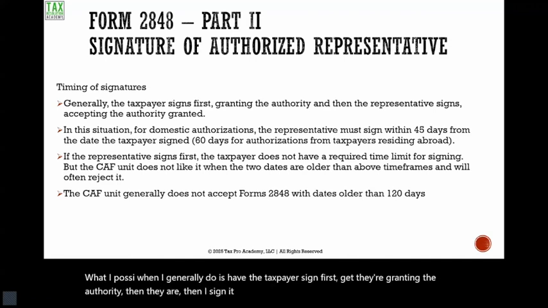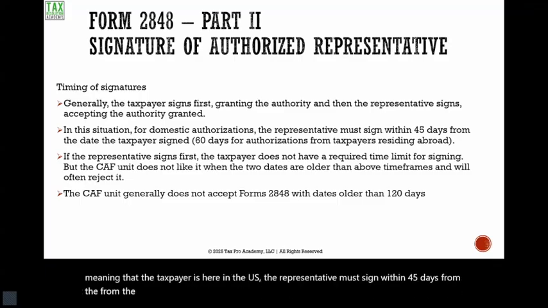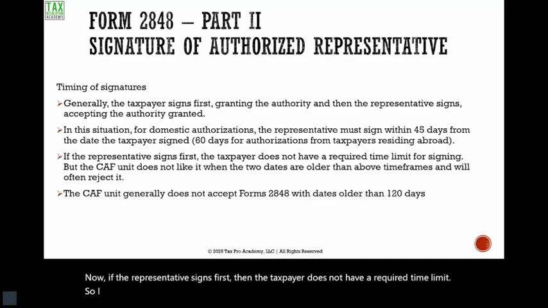Now, in the situation for domestic authorizations, meaning that the taxpayer is here in the US, the representative must sign within 45 days from the date the taxpayer signed, if they sign first. It's 60 days if the taxpayer is out of the country. Now, if the representative signs first, then the taxpayer does not have a required time limit. So I usually will have them sign first, and then I will sign next.